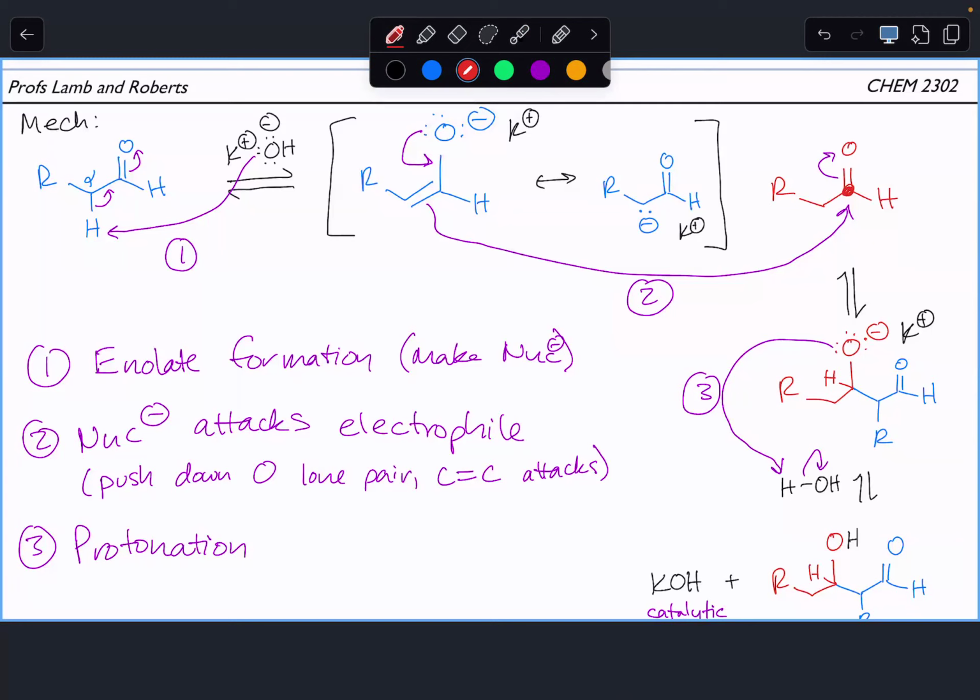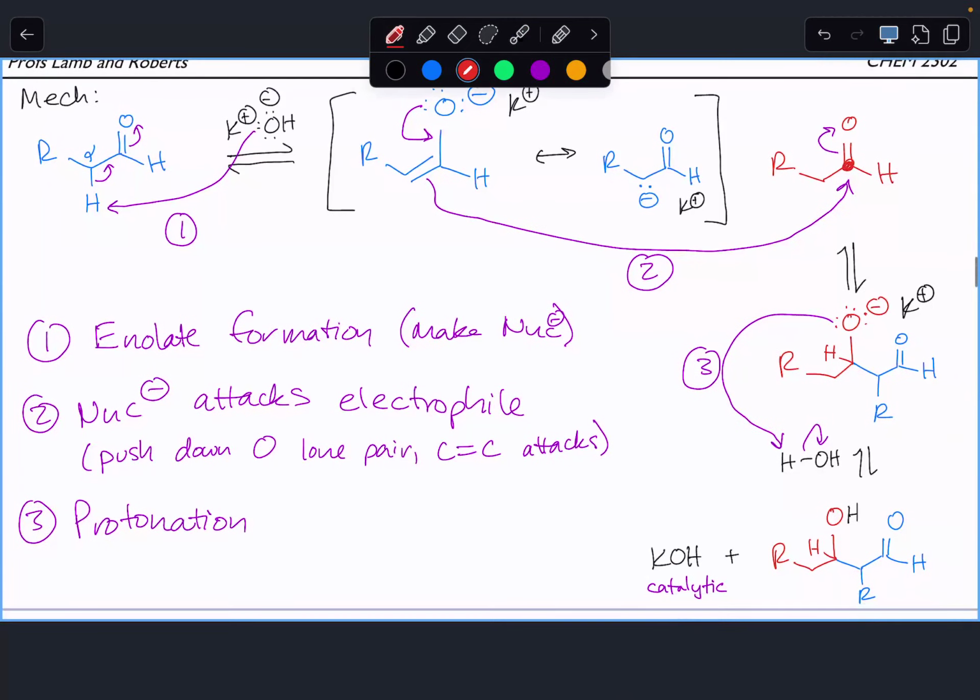Yeah, remember if there's no charges, right? We assume that CH bonds are there to make the carbons neutral. Good question. Other questions? Okay, it's not different. It's a nucleophile attacking an aldehyde, but it just is a weird looking nucleophile. Okay, so that's our aldol addition.